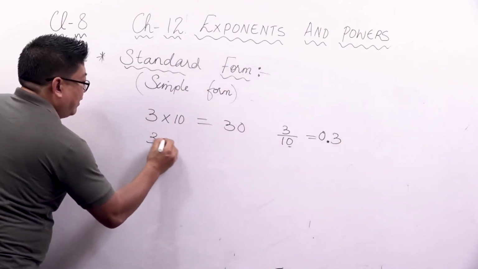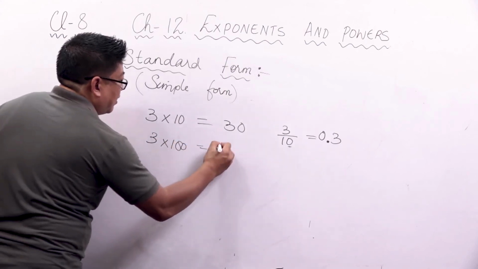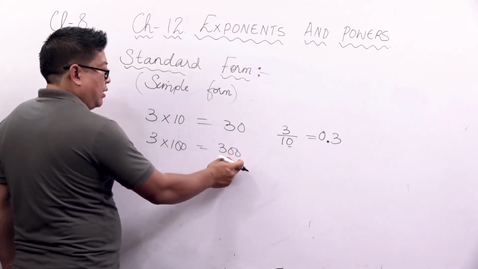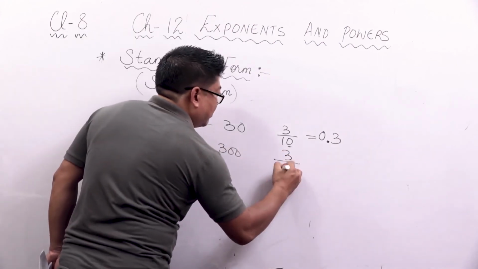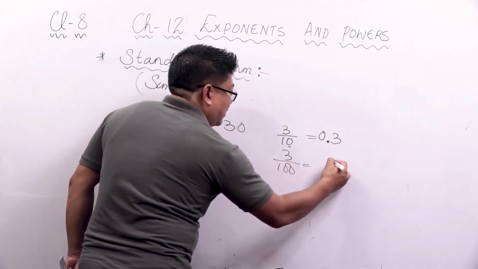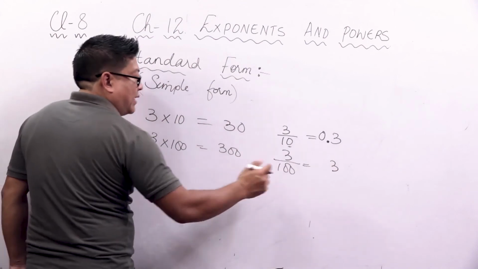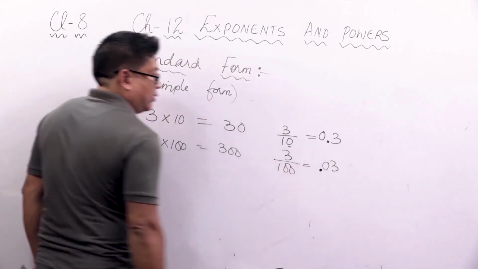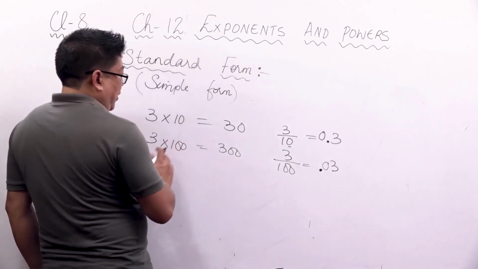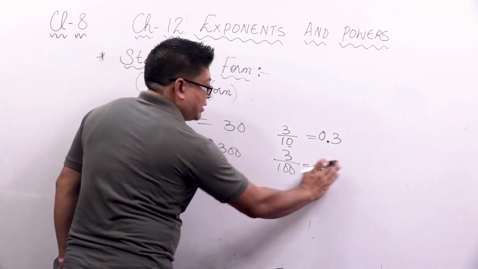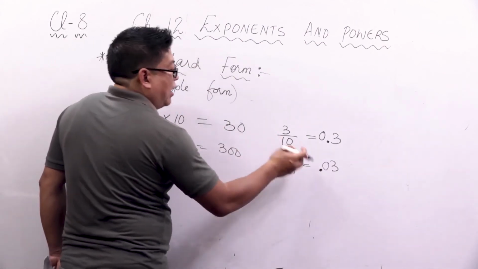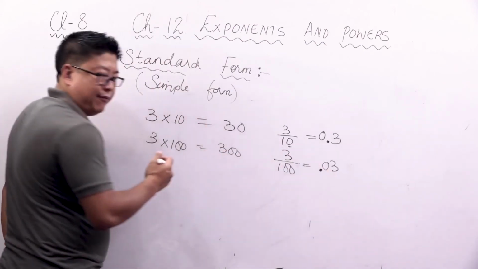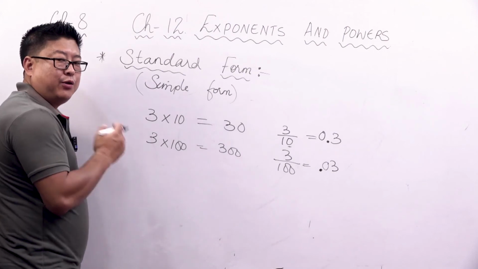If we look again, 3 into 100, after 3 we have 2 zeros. But if we divide by 100, this 3 will remain as it is, and the point will move 2 places, 1, 2. All right, so when you multiply, you are adding zeros to the right. When you divide, you are moving the decimal point to the left. Okay? Are you getting this?